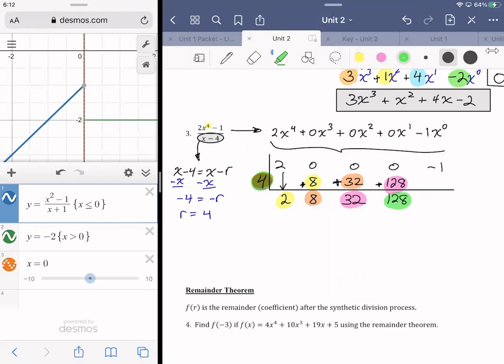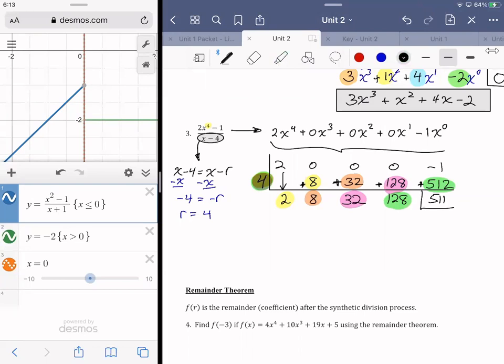All right, so 128 times the 4, so times 2 is what? 512. And so the sum down the line there is going to give me 511.